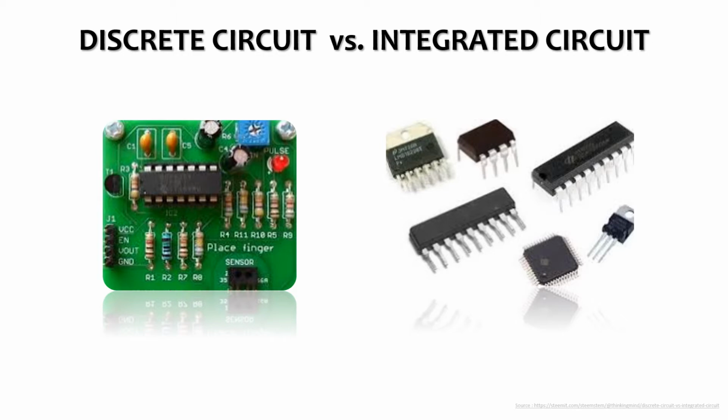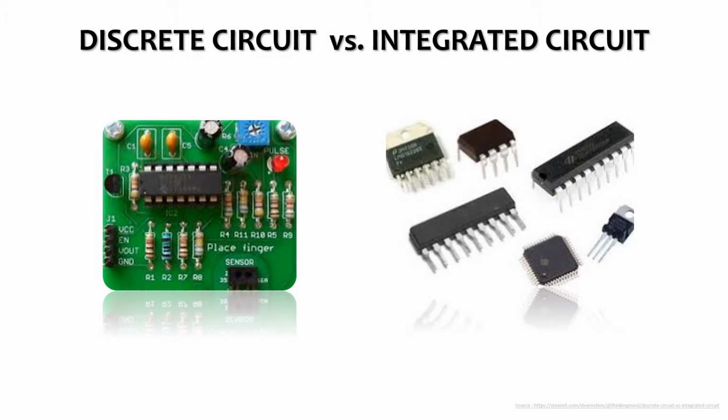A discrete component means a component with just one circuit element, either passive, like resistors, capacitors, inductors, or active, like transistors or a vacuum tube.